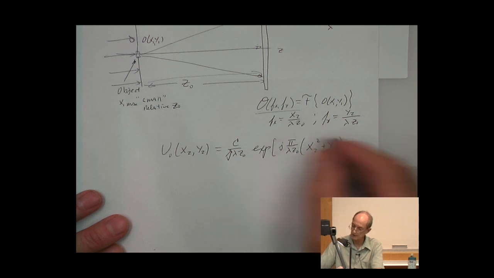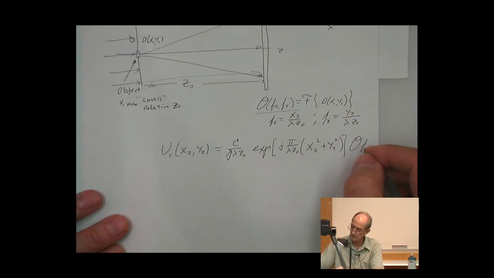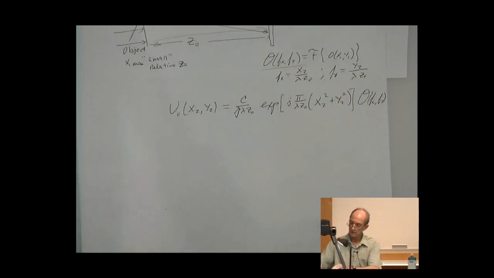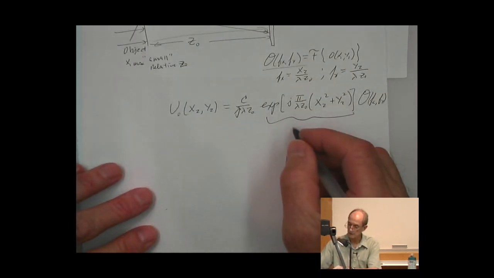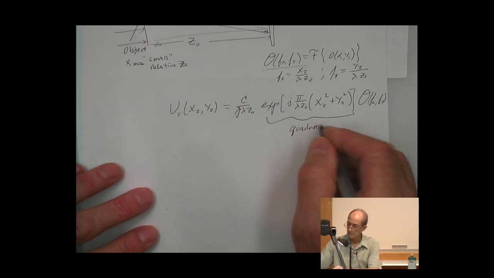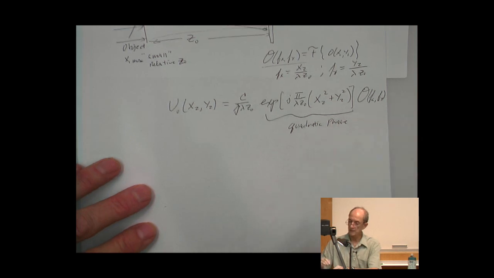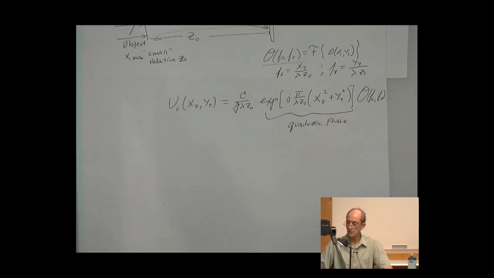The integration, again, in that Fourier transform was over x1, y1, the object plane. And so we have that times this O of fx, fy, all right? So again, this is a quadratic phase factor, as you can see. And so that's multiplied by the Fourier transform of our object function.